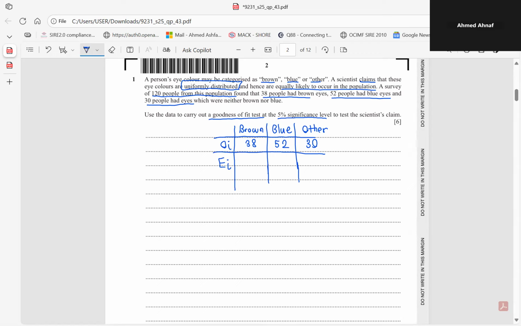Having brown is 1/3, having blue is 1/3, and having an eye color that is neither brown nor blue is also 1/3. To find the frequency, we take our population number, 120, and multiply by the probability. So each of the expected frequencies for each category is going to be 40.